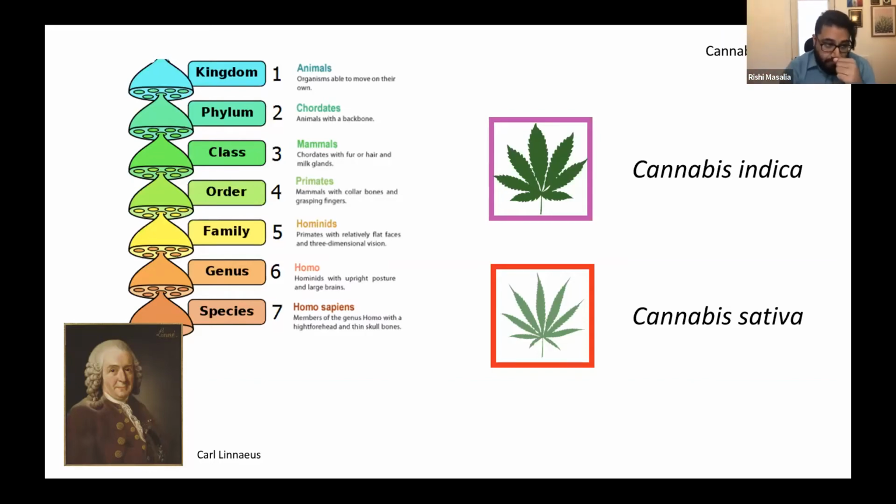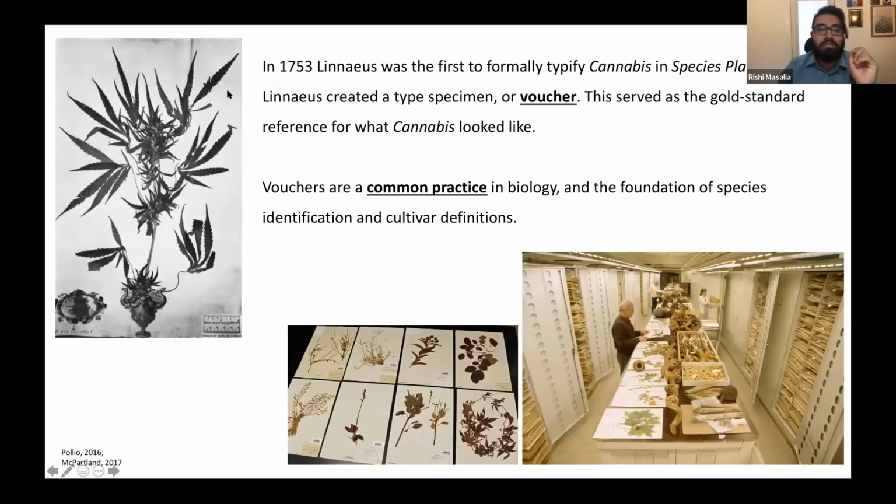The reason this is interesting is because, and actually, can I go to my next slide? Going back to Linnaeus, this black and white photo on the left is actually Carl Linnaeus's herbarium voucher, and I'll cover that in a second. Essentially, it's a plant pressing of cannabis that he found in Sweden.